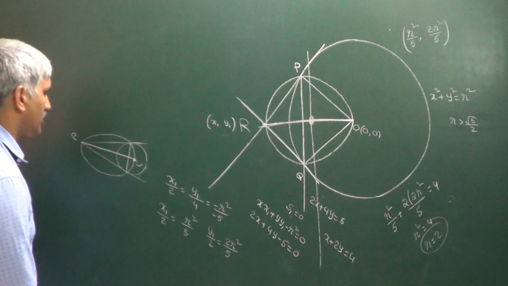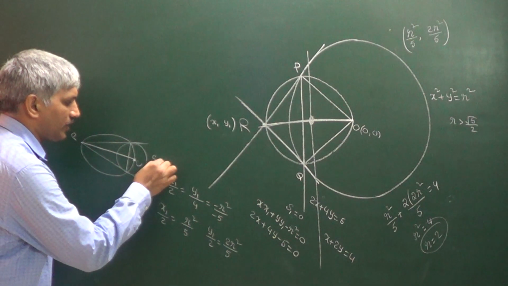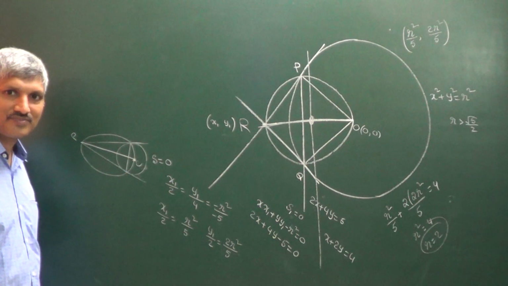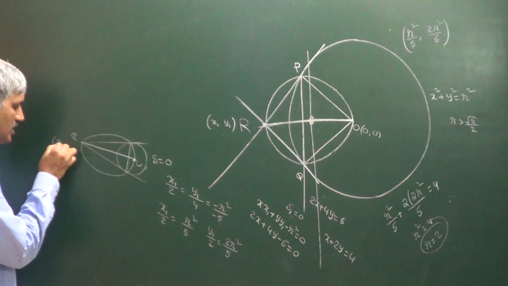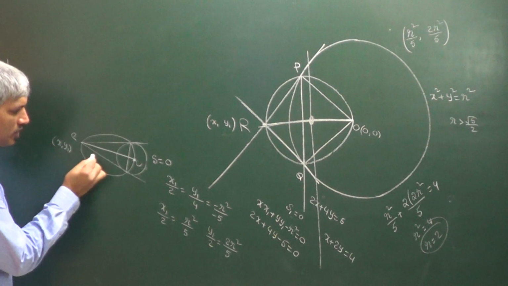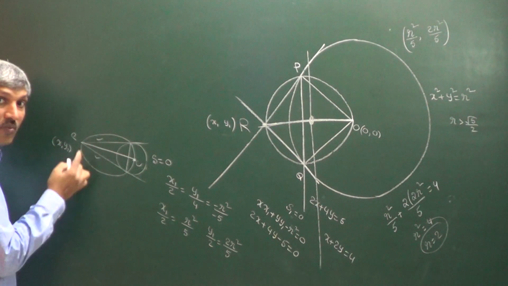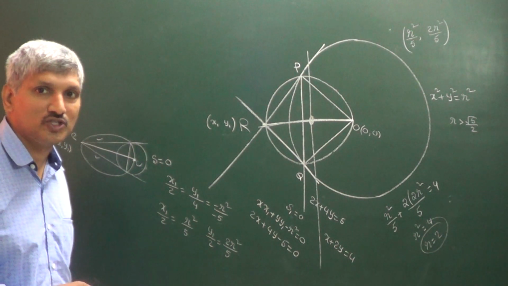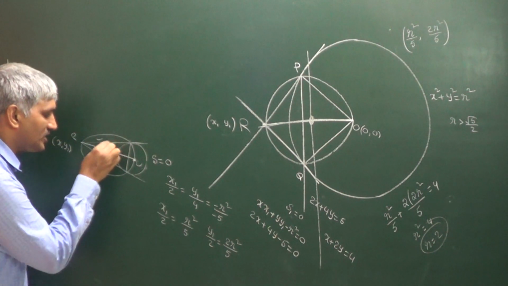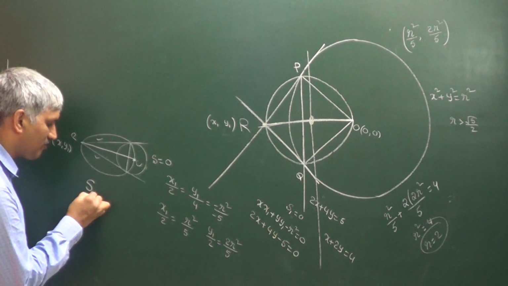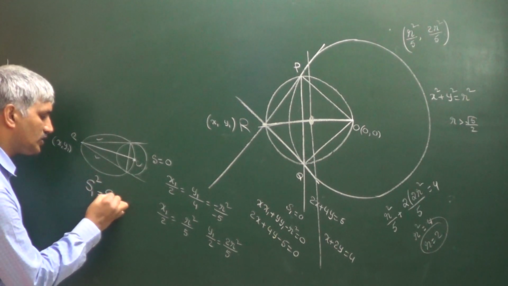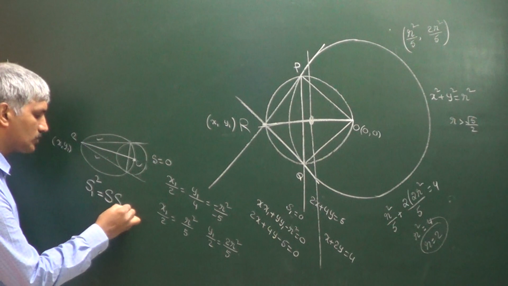Now here is one more particular point. This particular circle equation is S = 0 and this point is (x1, y1). Now you are observing two tangents. What is the combined equation of those two tangents? These two tangents' combined equation is given by S1² = S·S11.